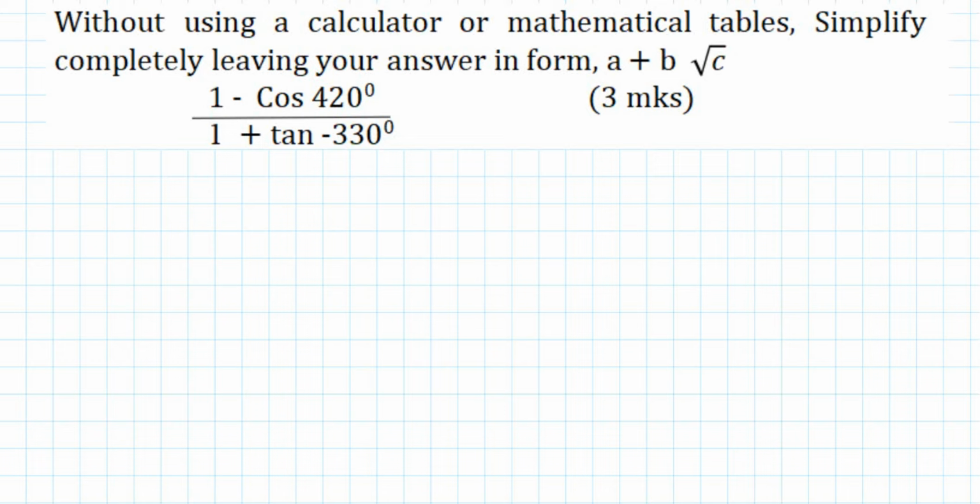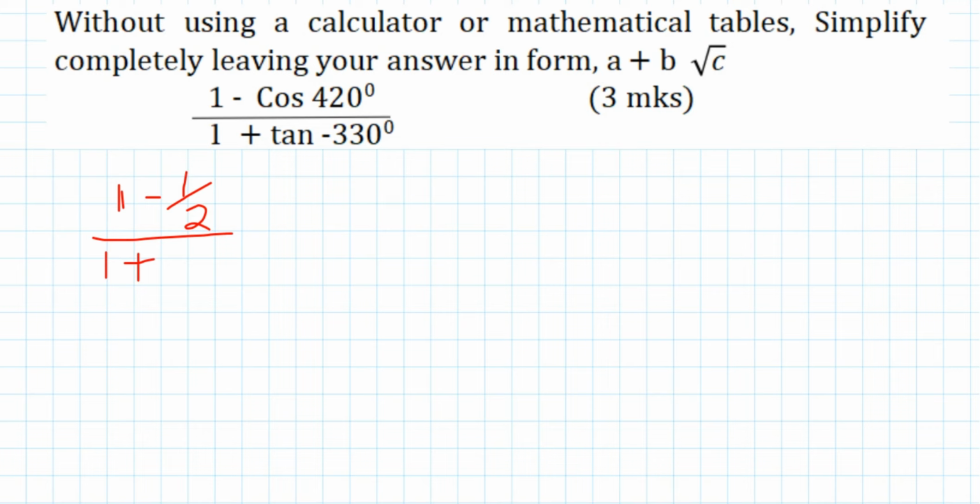So here we simply substitute. We are going to take now 1, take away the cosine of 420, which is similar to the cosine of 60 degrees. And we know the cosine of 60 degrees is a half. And then in the denominator, we are going to have 1 plus the tan of negative 330, whereby the tan of negative 330 is going to be the same as the tan of 30 degrees.